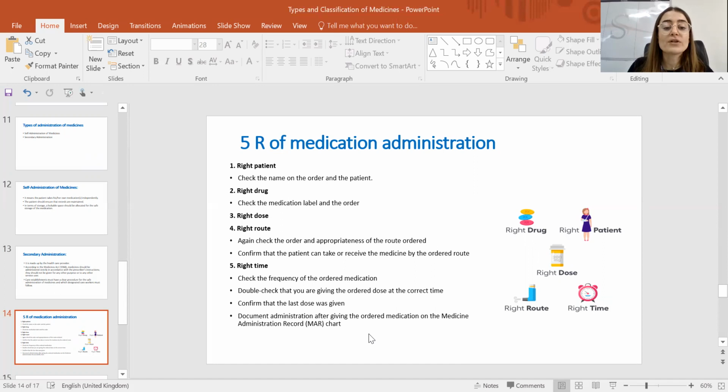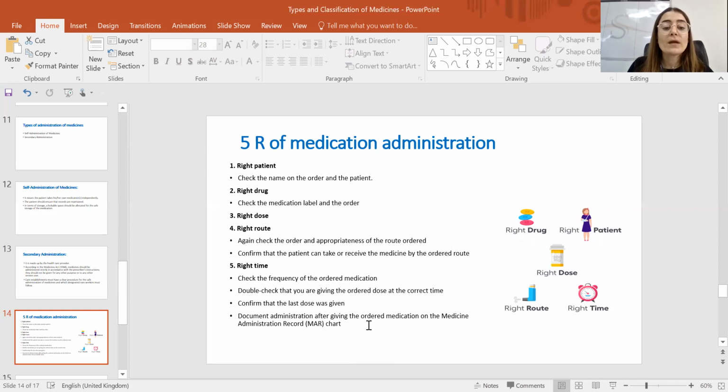Right drug, by checking the medication label and also the order. Third one, right dose. The healthcare providers should calculate the right dose for the patients. And right route. Again, the healthcare provider should check the order and also the route ordered, and also confirm that the patient can take or receive the medicines by the ordered route.